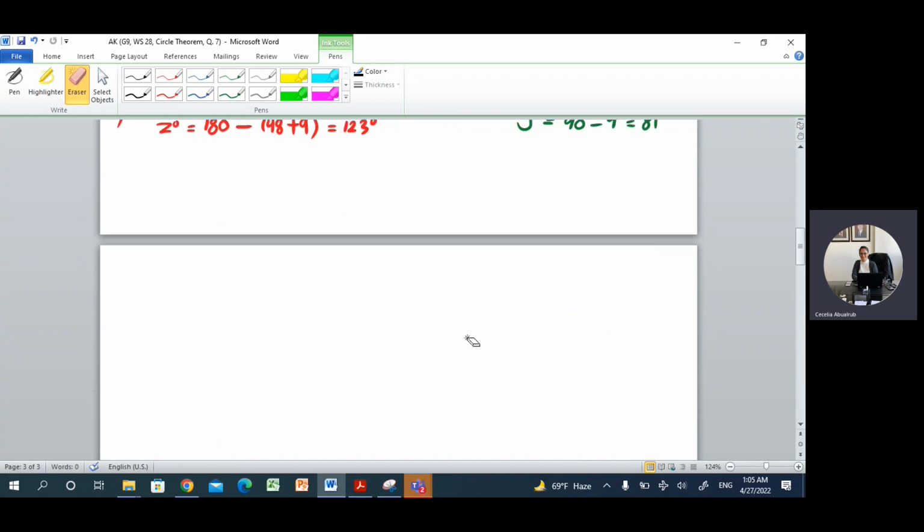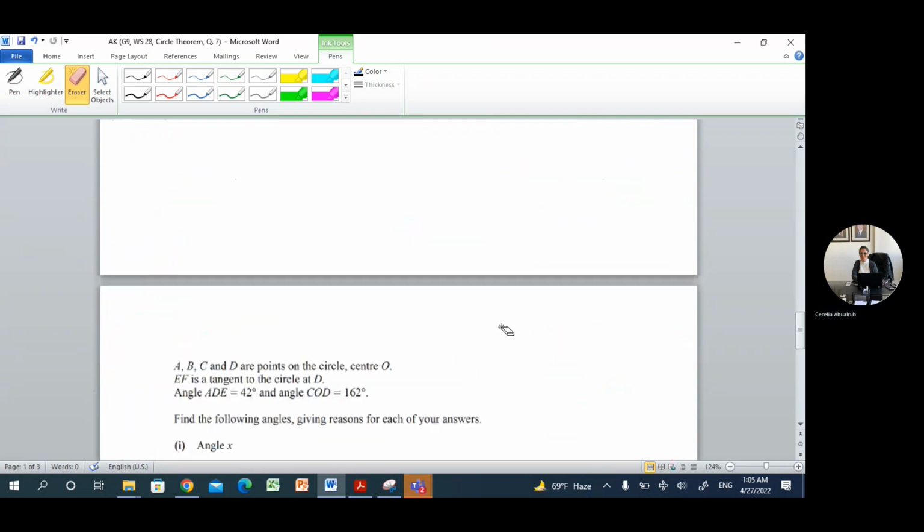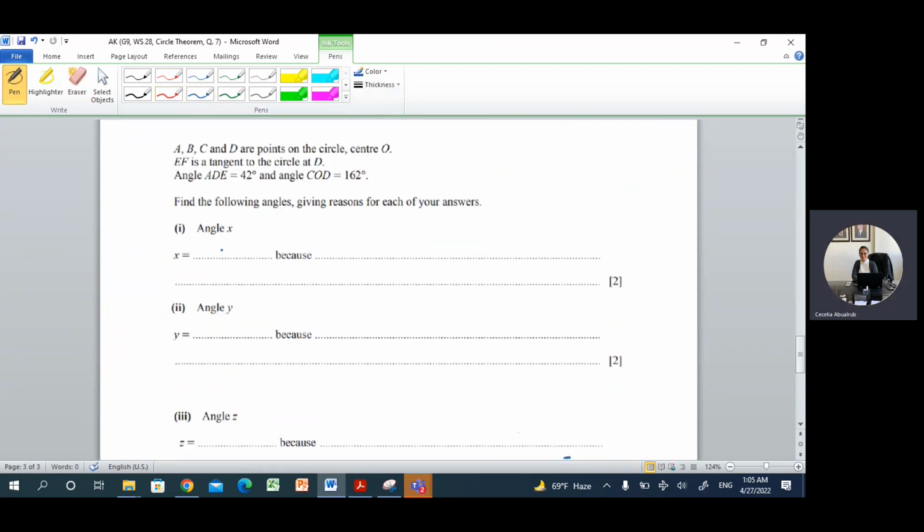So X is equal to 81. And if you remember the reason, we said that X is equal to half of the angle at the center.